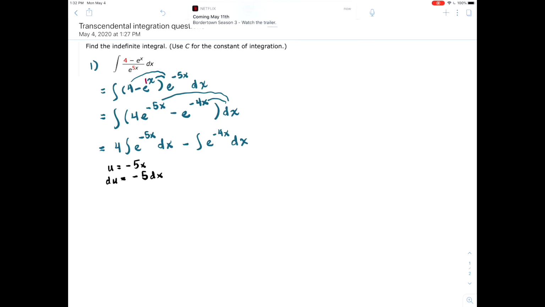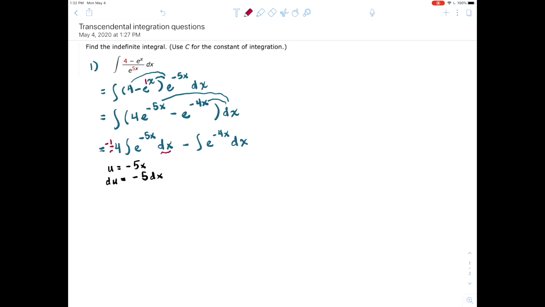And so what we're missing in that first one is a negative 5. We've got the dx, but we need a negative 5. So if we multiply by basically negative 5 over negative 5, you would have a negative 1/5 here on the outside, and then a negative 5.